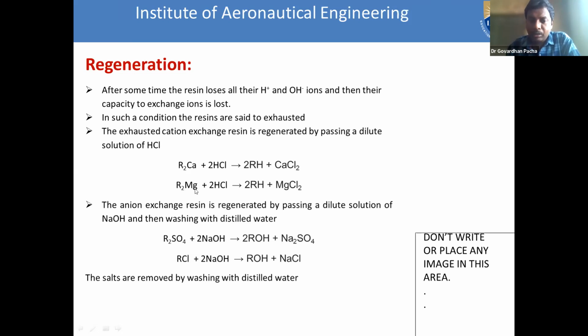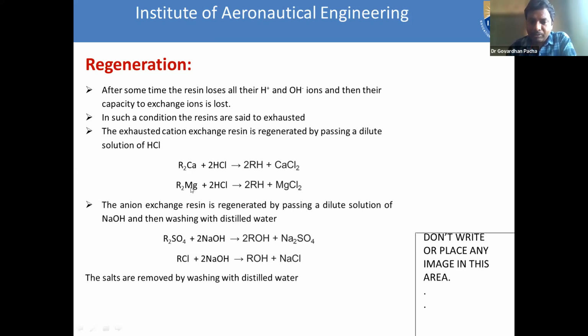Or, for example, we consider R2Mg. That means the cation exchange resin is captured with magnesium impurity, that is, magnesium hardness, and it also reacts with hydrochloric acid to give RH, and the byproduct is magnesium chloride, where 2 chlorine atoms are present.